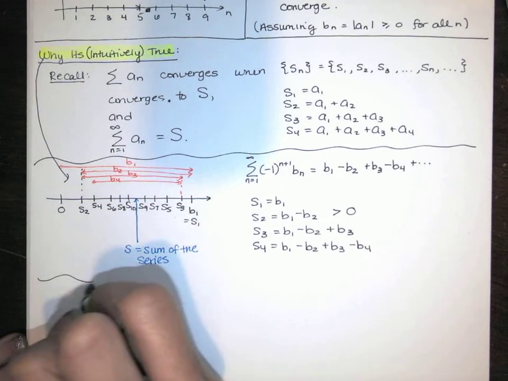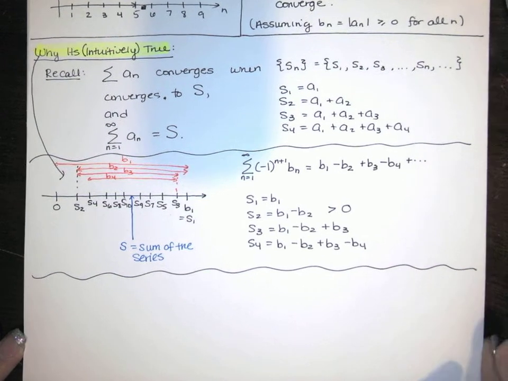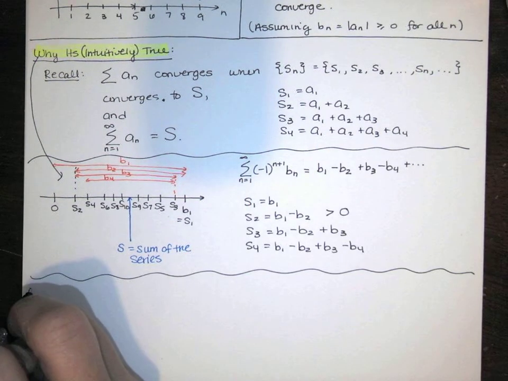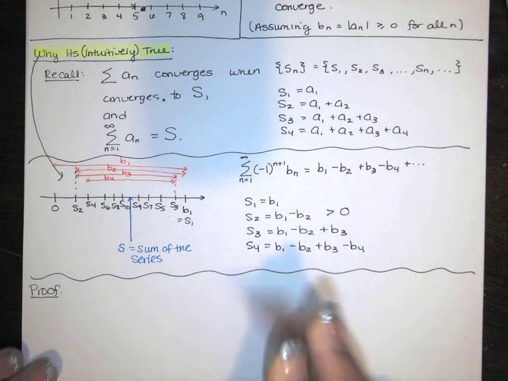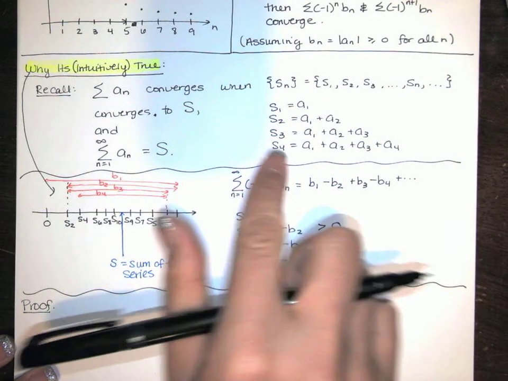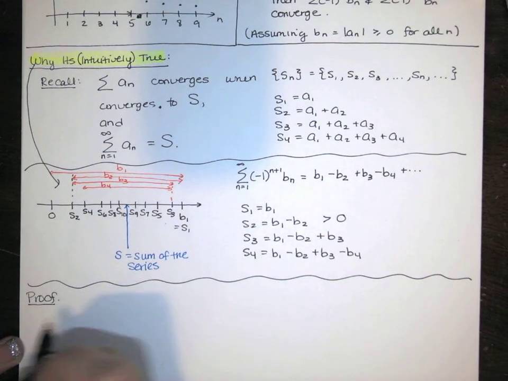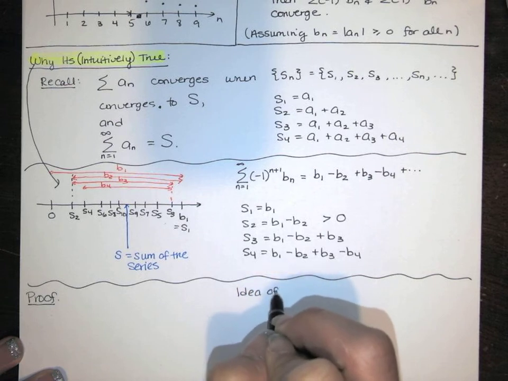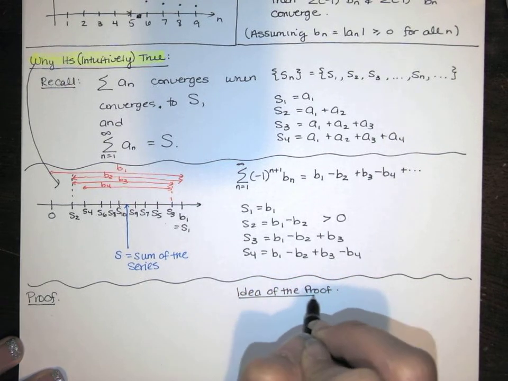Now let's prove that it's true. Now when we prove that it's true, we're also going to use the sequence of partial sums. Because remember, if the sequence of partial sums converges, that means the series converges. And before we actually do the proof, let's talk about the idea of the proof. Here's our approach.